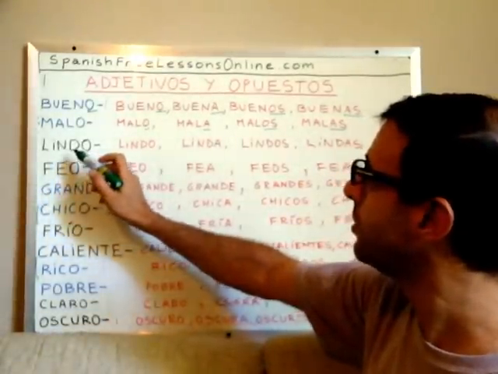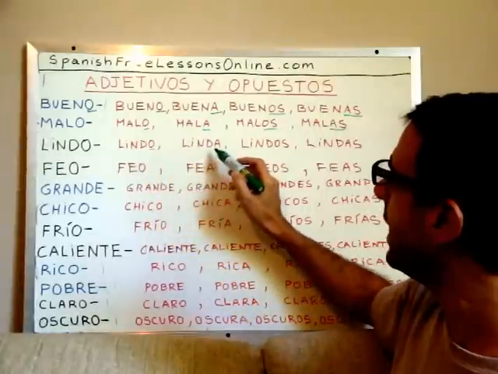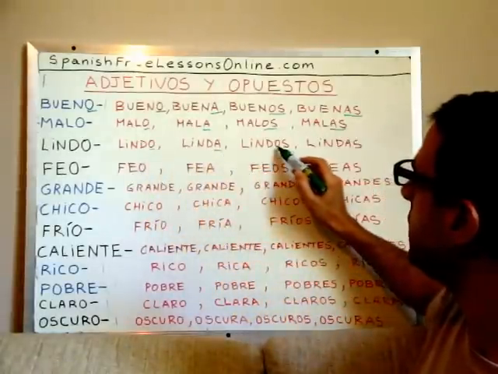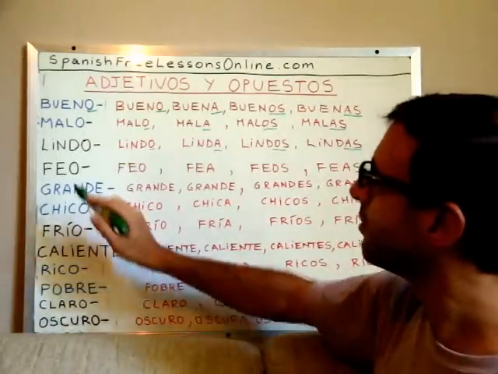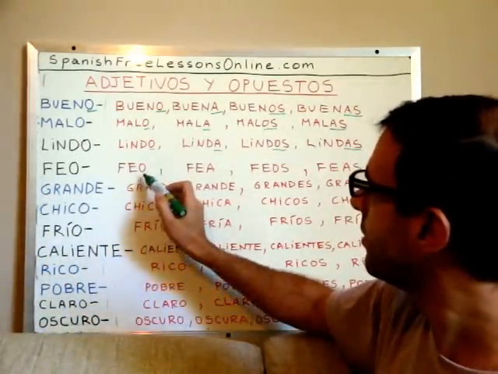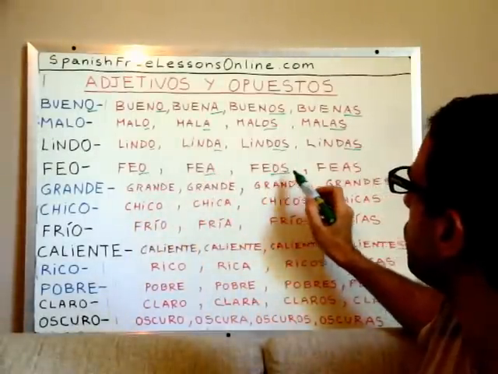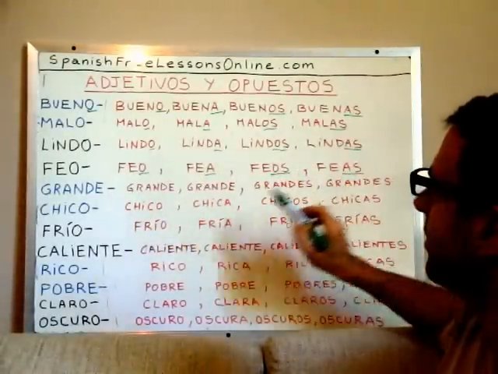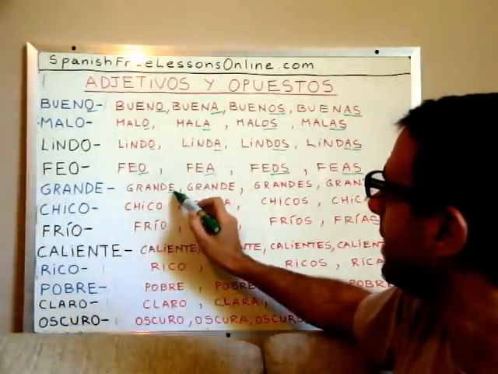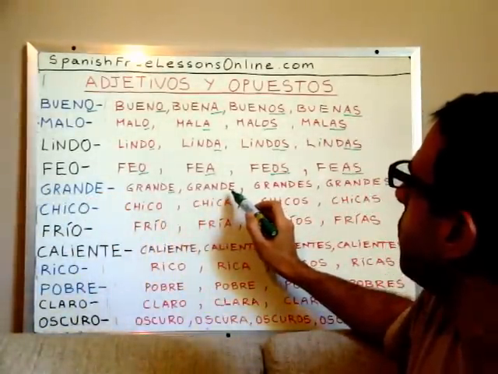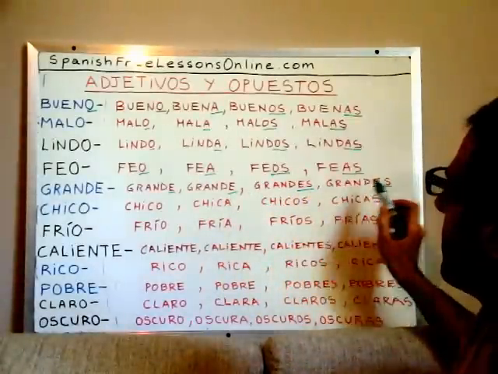Lindo or beautiful or nice can be lindo, or linda, or lindos, or lindas. Feo or ugly can be feo, or fea, or feos, or feas. Grande or big can be grande, or grande, or grandes, or grandes.